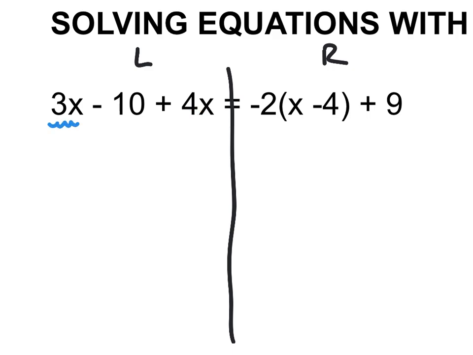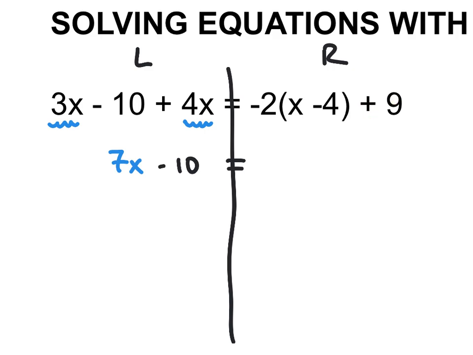So I can take 3x and add that to 4x on the left side. And that's going to end up giving me 7x. Now, I'm not doing anything with this negative 10 here, and in fact, I'm just going to drop that down. So negative 10, and then here's my equal sign. Now, on the right side of this equation, what I notice is that I've got a negative 2 that I need to distribute into this set here, x minus 4, and then I have this plus 9 on the outside.